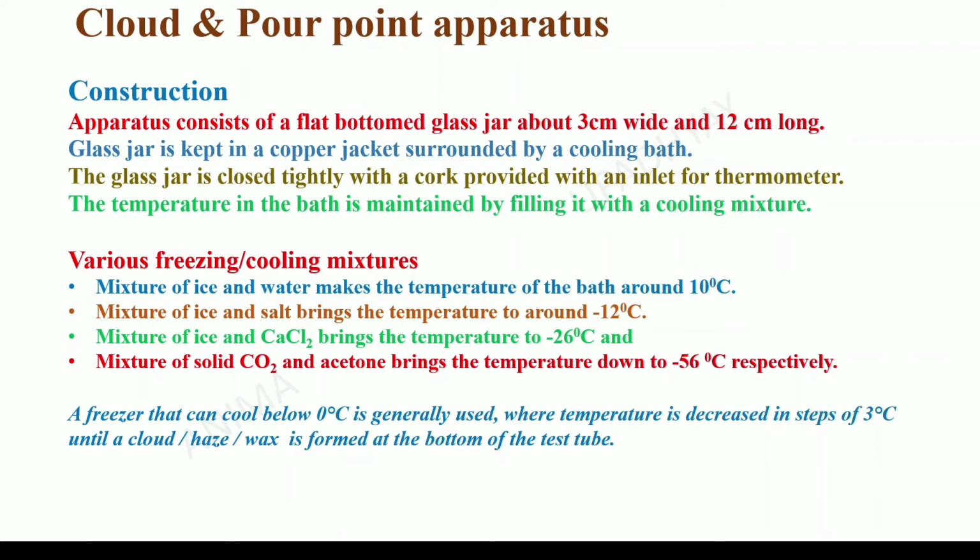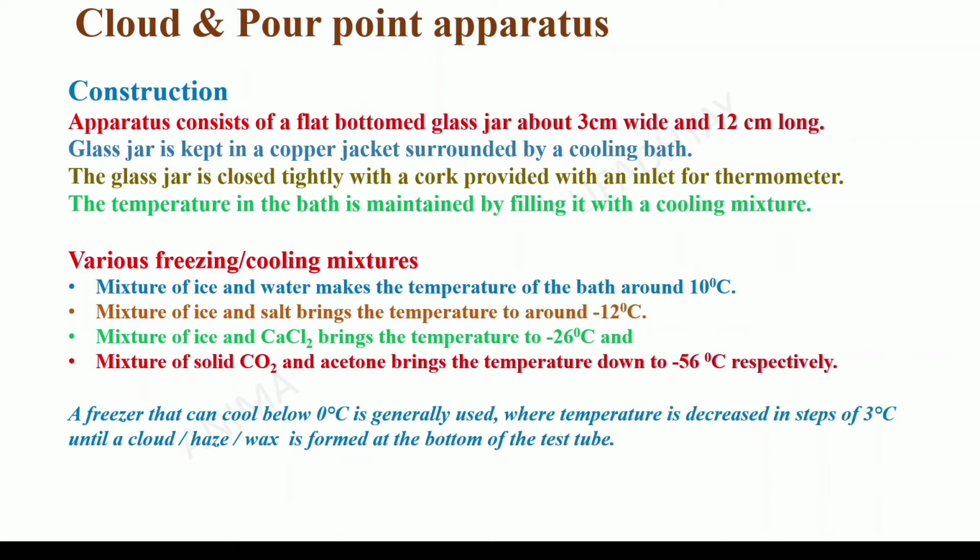That is the common salt, sodium chloride, and ice. When mixed together, it brings down the temperature to around minus 12 degrees centigrade. But if we want a much lower temperature, around minus 26 degrees centigrade, we must use a mixture of ice and calcium chloride, which brings down the temperature to minus 26 degrees centigrade, and a mixture of solid carbon dioxide with acetone brings down the temperature to around minus 56 degrees centigrade.